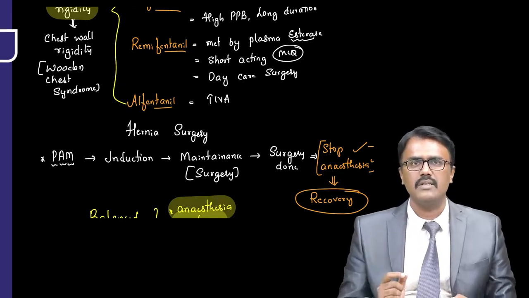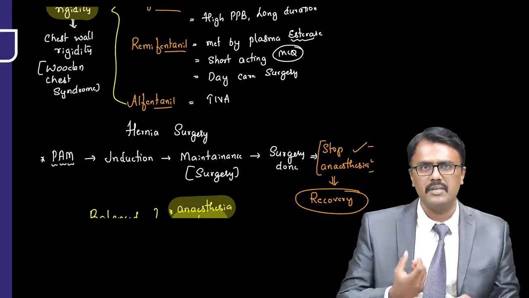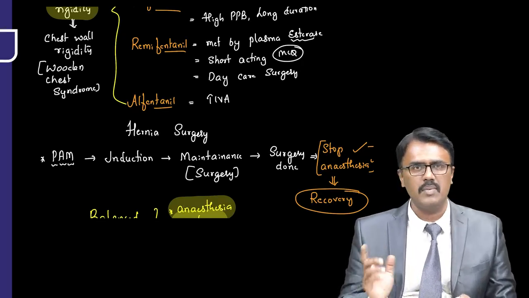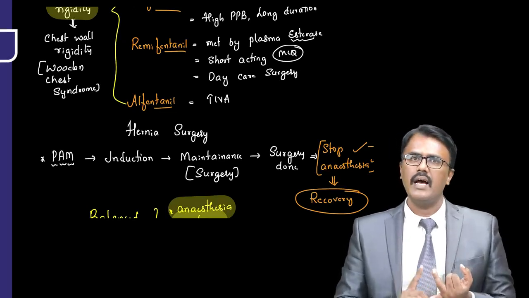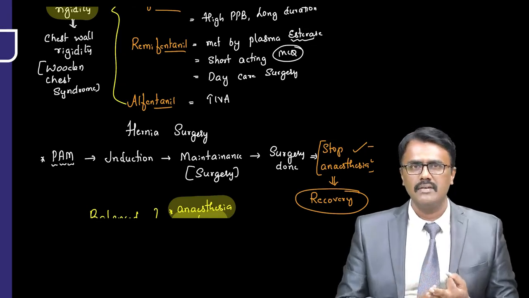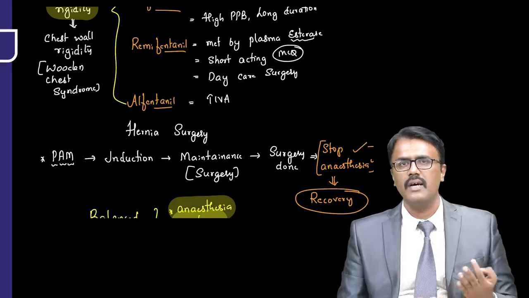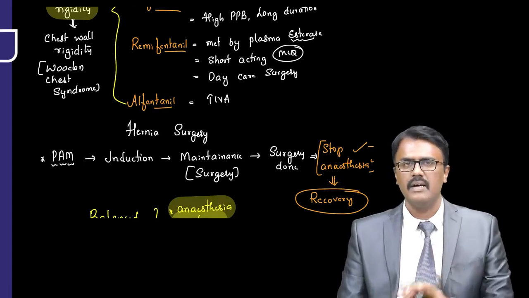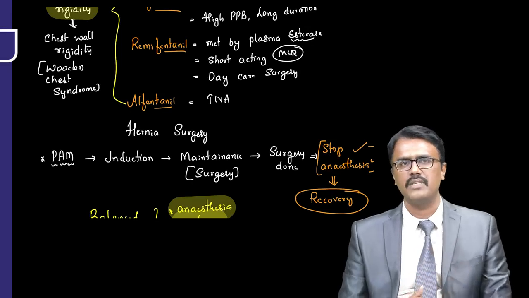Minimum alveolar concentration is the minimum concentration of anesthetic needed to immobilize 50% of patients, and it tells us potency. They are inversely proportional. Then we discussed nitrous oxide and halothane, then the fluorinated drugs: enflurane, sevoflurane, desflurane, isoflurane, and xenon. And what are the common properties of them? For IV, we discussed thiopentone, propofol, and ketamine, which are very important.